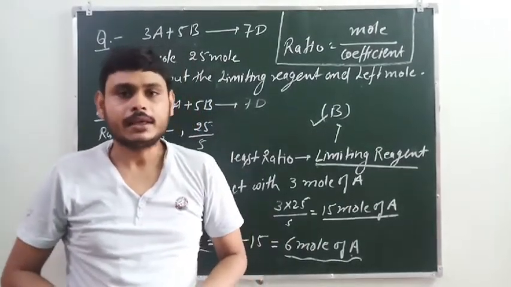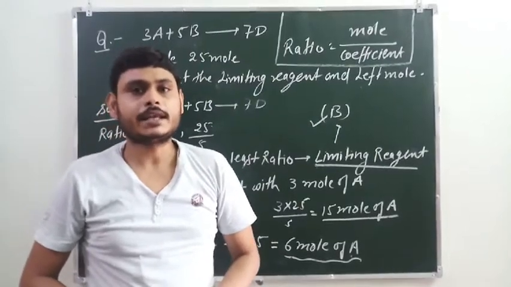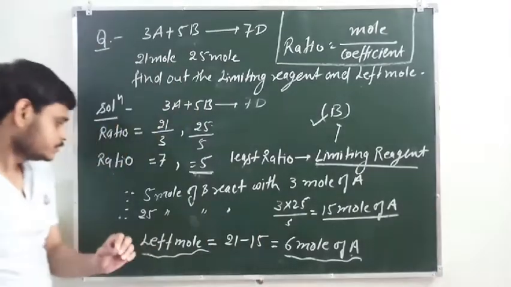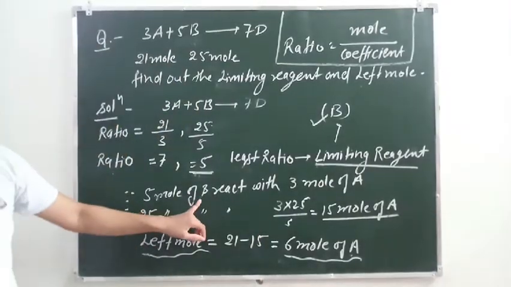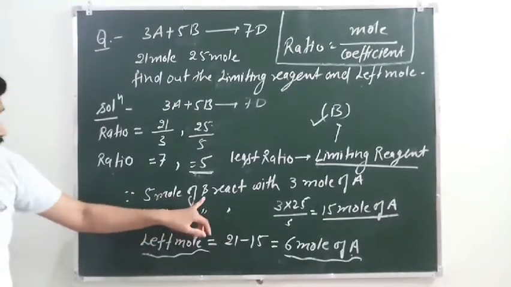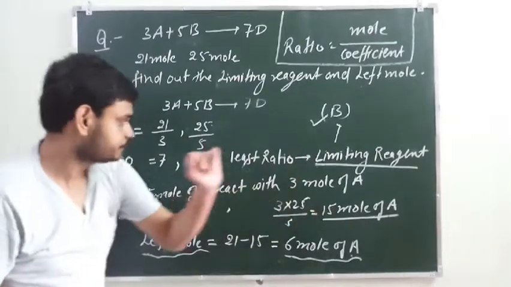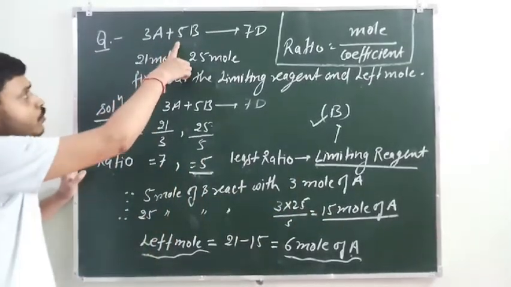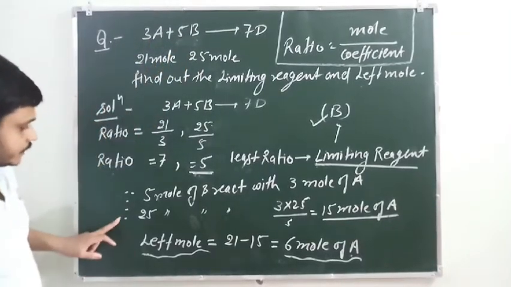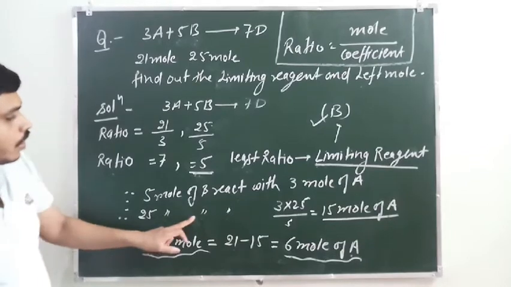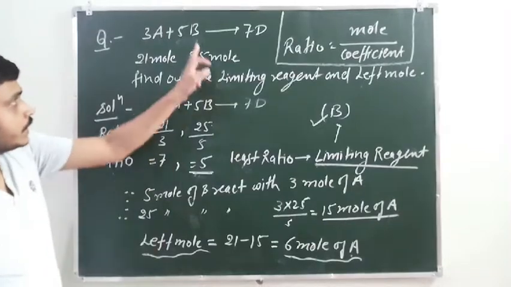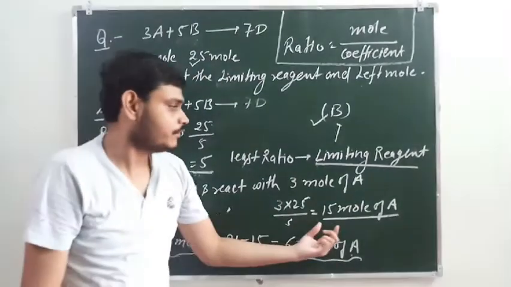We know that the reaction depends on the limiting reagent. It means that as soon as the limiting reagent gets finished, the reaction stops. Hence, 5 mole of B react with 3 mole of A. Therefore, 25 mole of B react with how many mole of A?